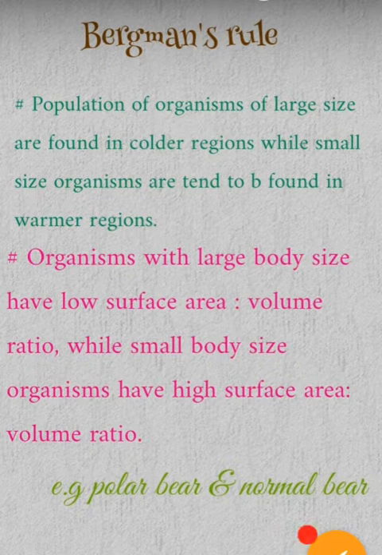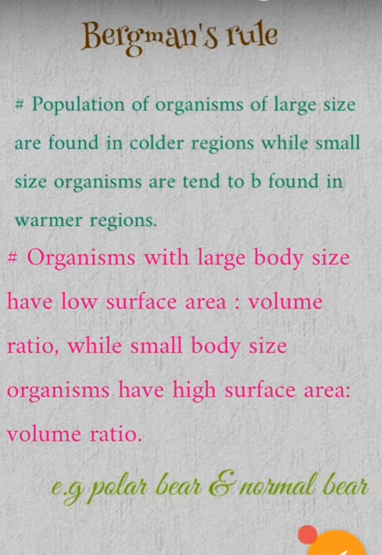Low surface area to volume ratio helps to avoid the loss of heat. The organisms which live in cold climatic conditions will have a low surface area to volume ratio that will lead to low loss of heat from the body, and heat will be conserved in the body in order to survive the climatic conditions.